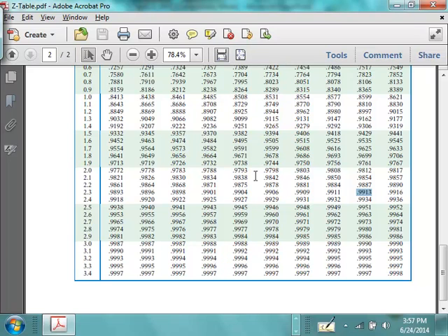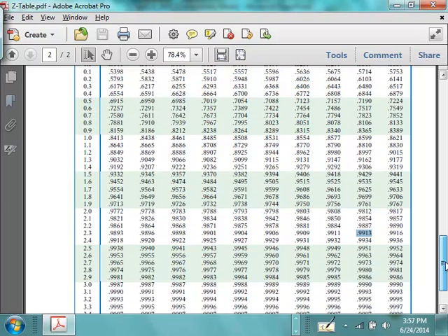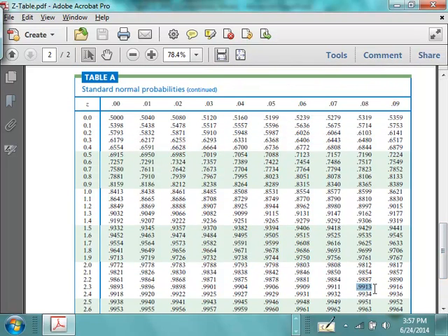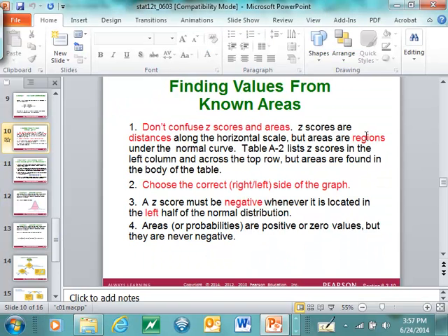Look in the table for the probability that matches the area that's under the left, or at least get as close as you possibly can. And then look for the standard deviation, aka z-score, that's closest. So if I want area under the curve to the left that is 0.9913, then there it is, that's that probability, and we look to the left, 2.38 as the z-score, and then we can work backwards. Well, don't worry, we'll do an example here.